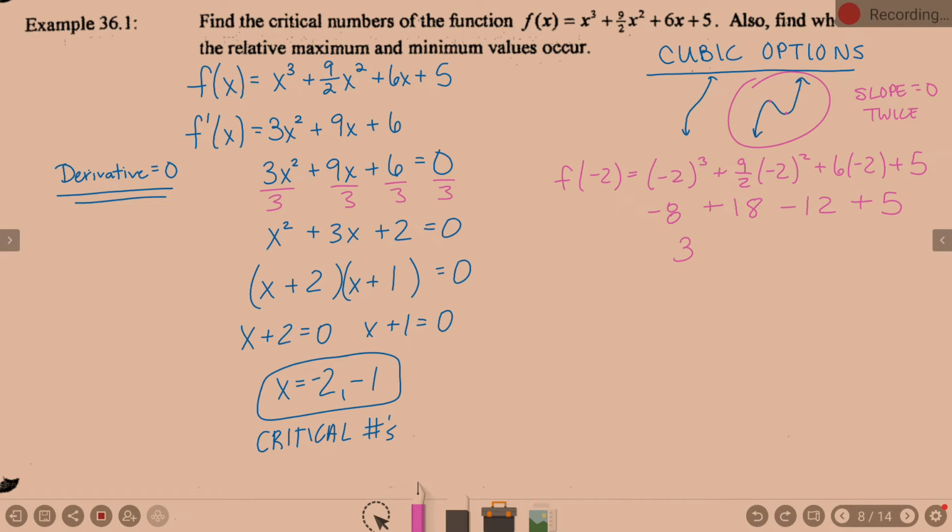I ended up with negative 8 plus 18 minus 12 plus 5.